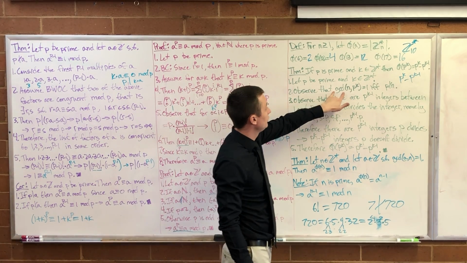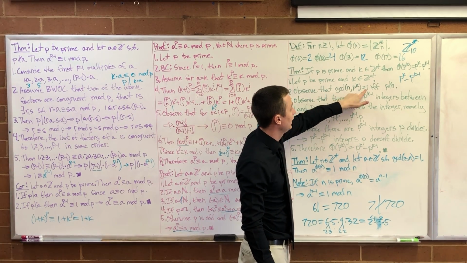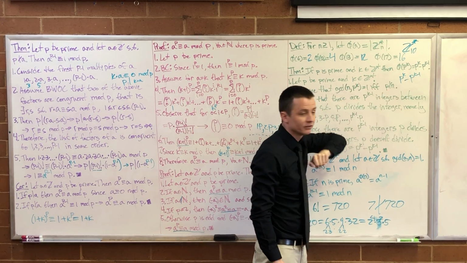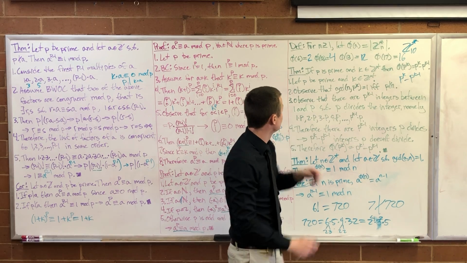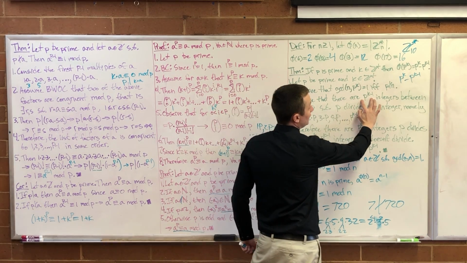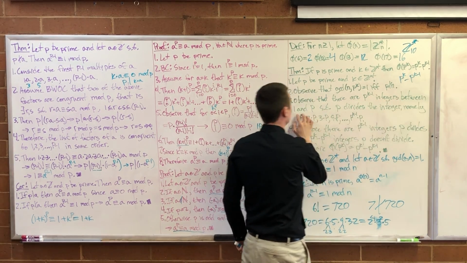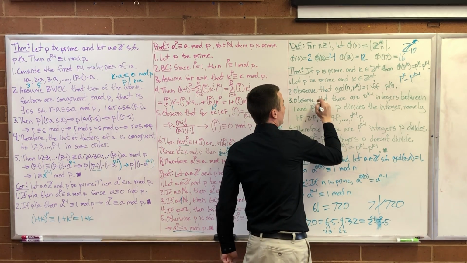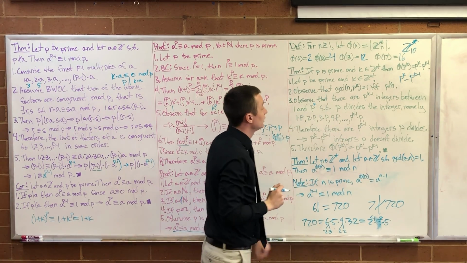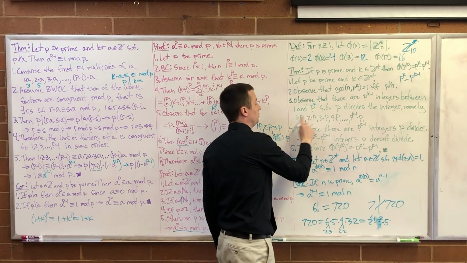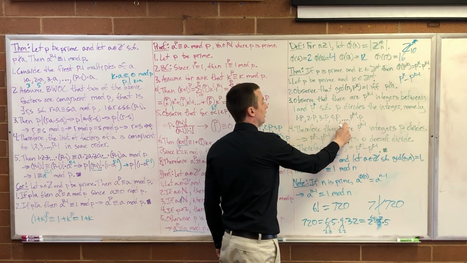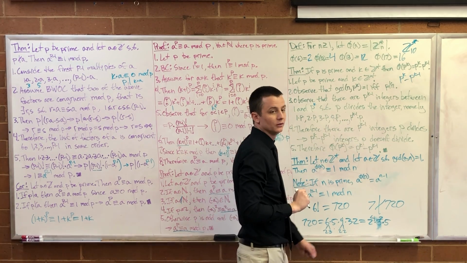So observe that the GCD of some number and p to the k equals 1 if and only if p doesn't divide that number. Observe that there are p to the k minus 1 integers between 1 and p to the k such that p divides the integer. Namely, 1 times p, 2 times p, 3 times p, 4 times p, all the way up to p to the k minus 1 times p.